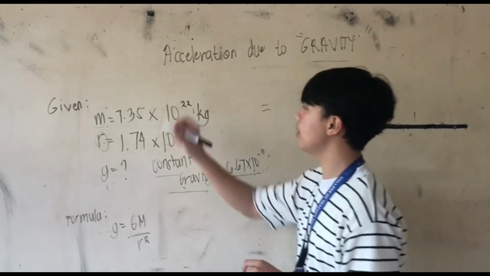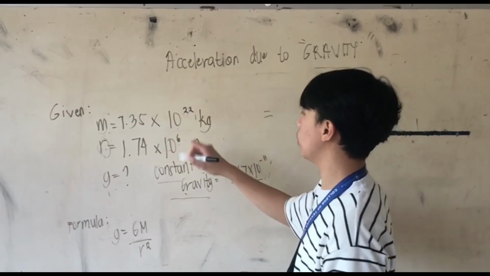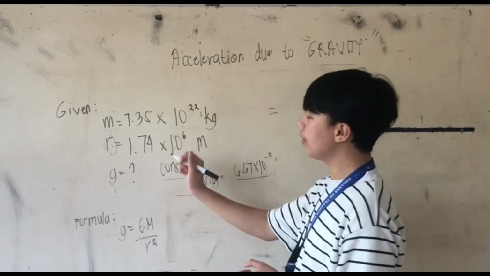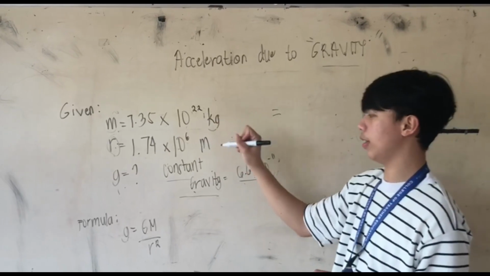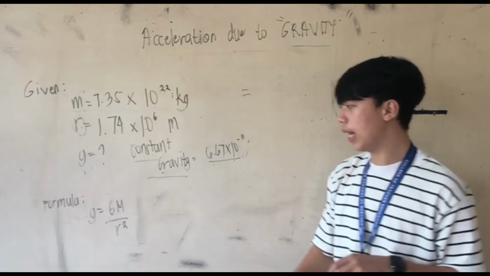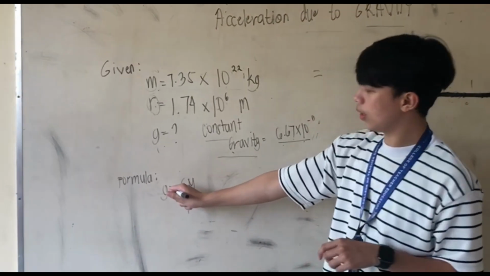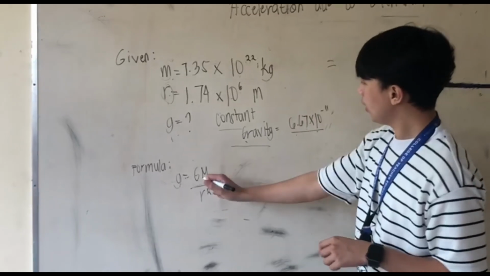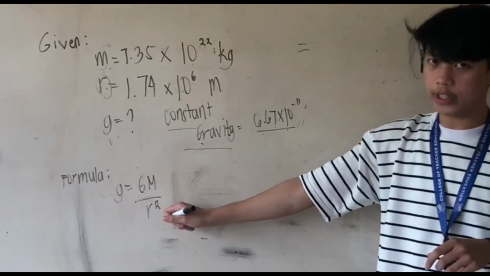The mass measures 7.35 times 10 raised to 22 kilograms, and the radius is 1.74 times 10 raised to 6 meters. For that, we arrive at the formula: acceleration due to gravity equals the constant gravity times the mass over the radius squared.